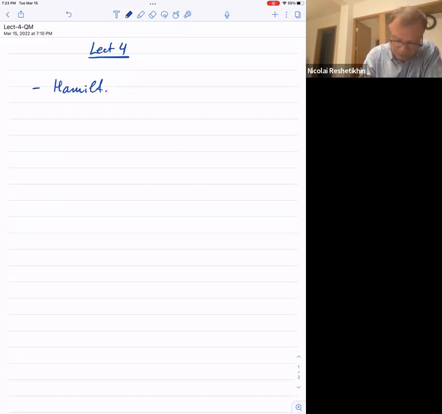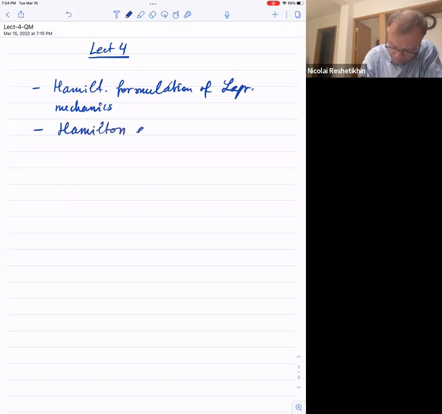So last time we did the Hamiltonian formulation of Lagrangian mechanics. So we derived Hamilton equations. We introduced Poisson brackets.